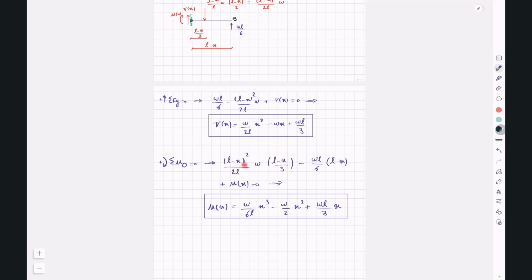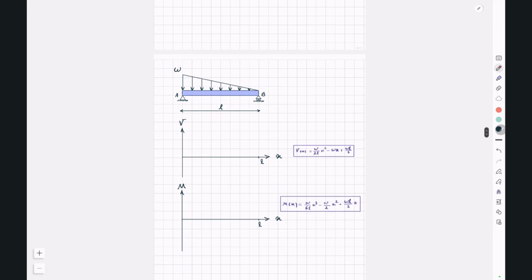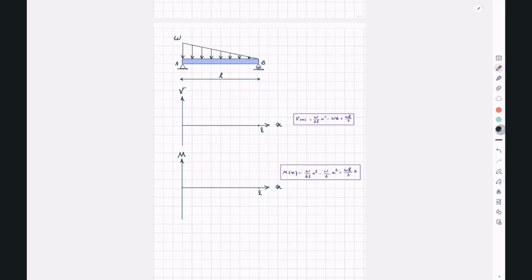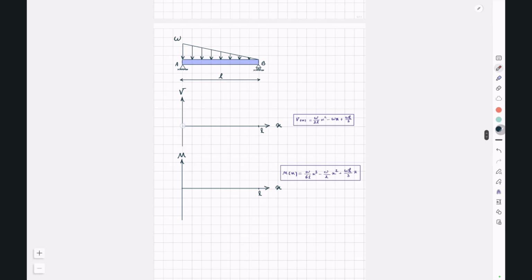And now, using these equations, we can draw the shear force and bending moment diagrams for our beam. So, for the shear force, we have a quadratic equation. At x equal to 0 or point A, we had a support reaction equal to WL divided by 3. So, we'll go up. This is WL over 3.